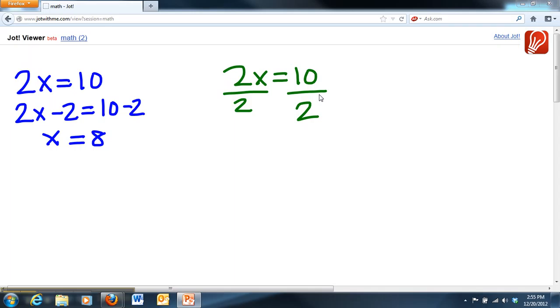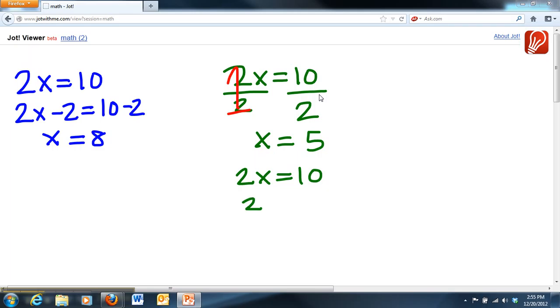And then 2 divided by 2 gives us a 1, so we'll end up with x equals, and 10 divided by 2 gives us 5. Now to know that we solved it correctly, we could take this value of 5 and plug it into the original equation of 2x equals 10 and see if we get a true statement.